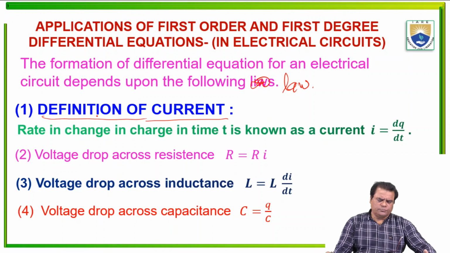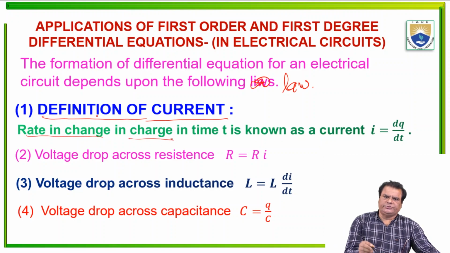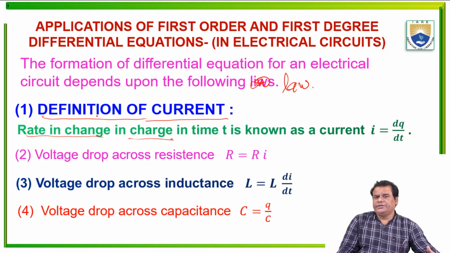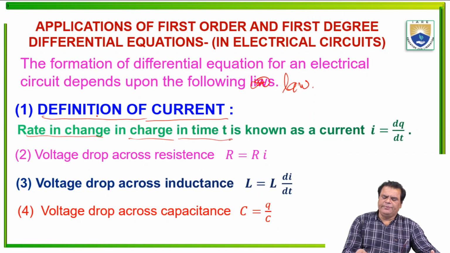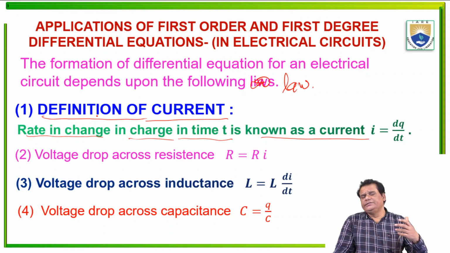The definition of current: the rate of change of charge with respect to time t is known as current.